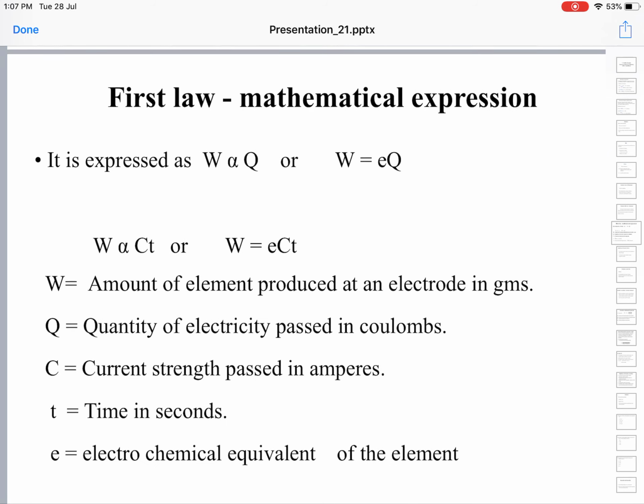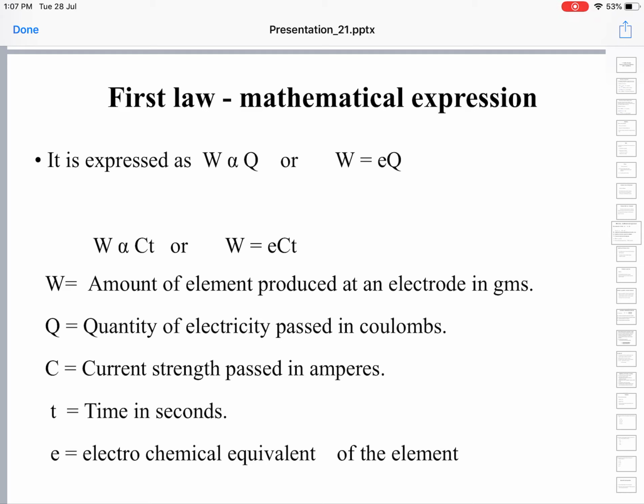But Q, the quantity of electricity passed, is strength of current multiplied by time, strength of the current in amperes multiplied by time in seconds. So since Q is equal to CT, substituting that we get W is directly proportional to CT, or W is equal to eCT, small e.